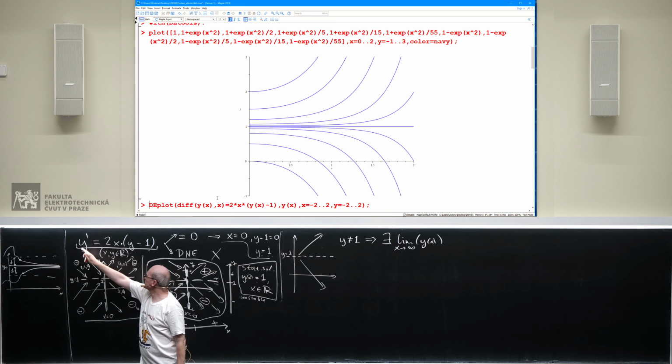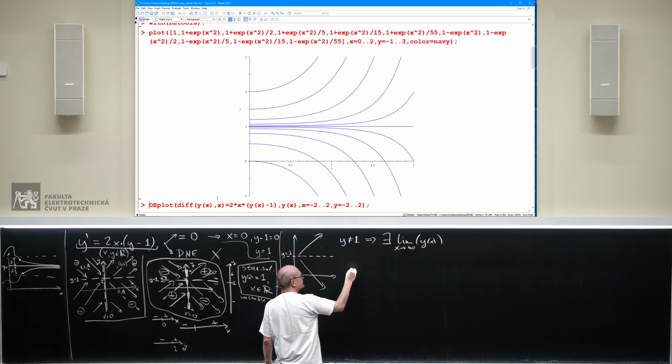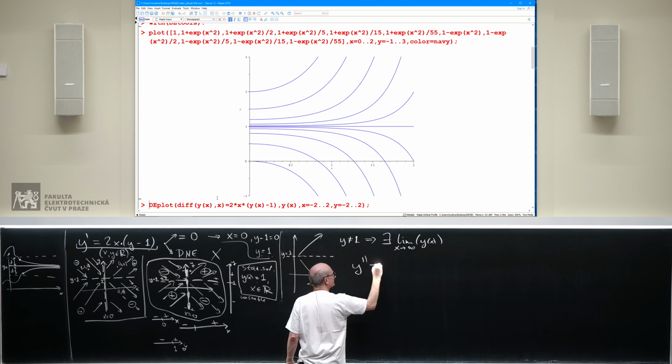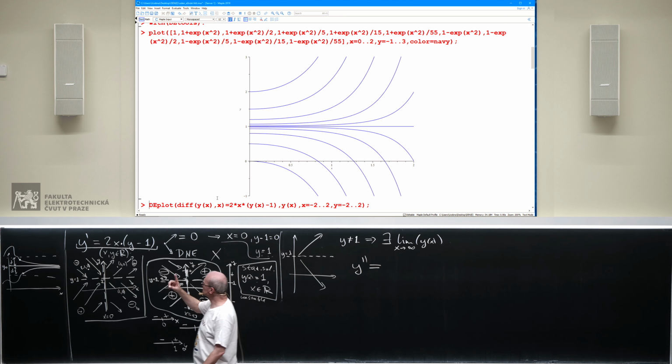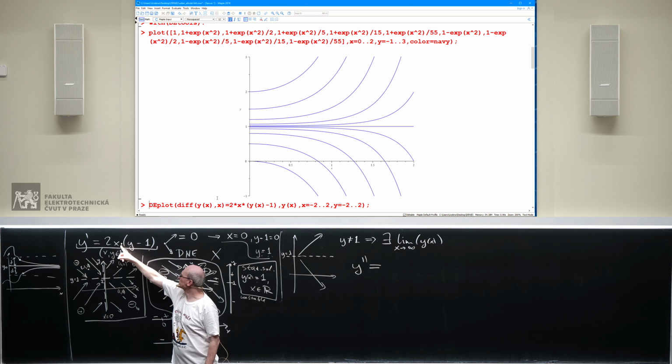This equation gives me information about the first derivative, which means monotonicity. What happens if I differentiate again? On the left, I get y double prime. On the right, I have to take into account that y is in fact a function. So this is a product rule.